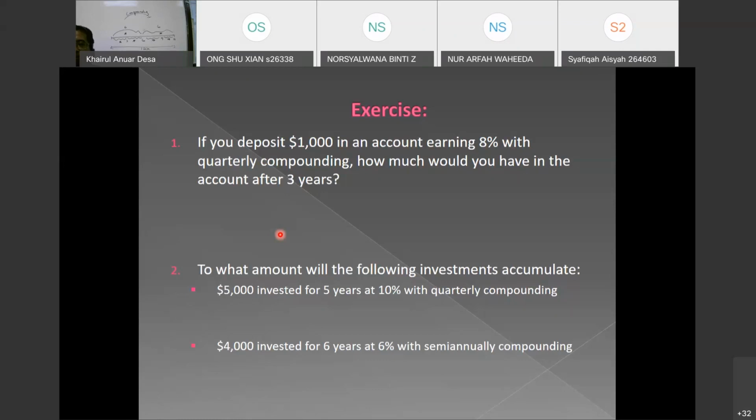Kalau 10% 5 tahun, so kita dekat table, kita tengok 5% 10 tahun. Yes, correct, betul Nisa.